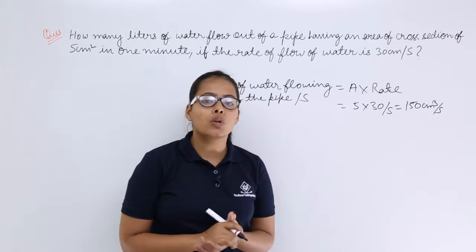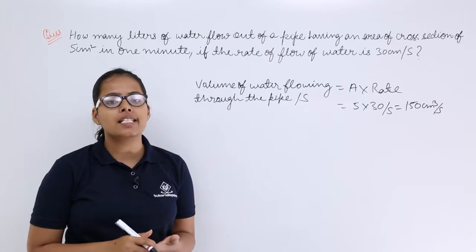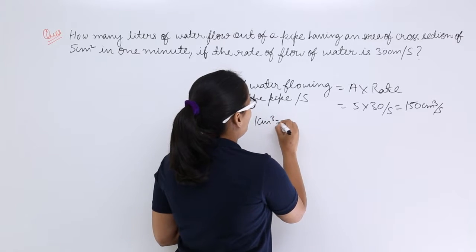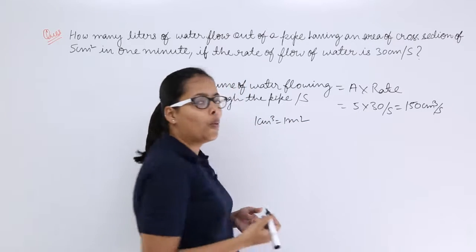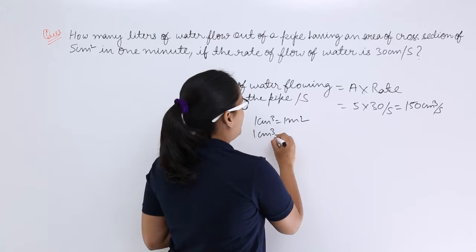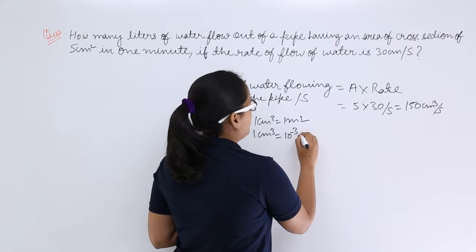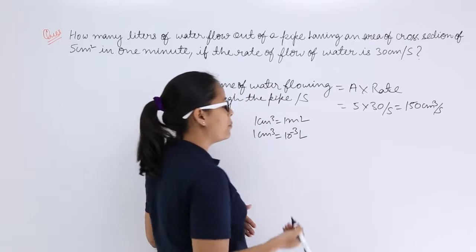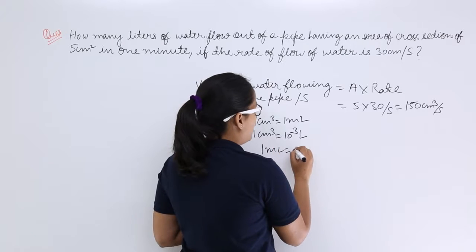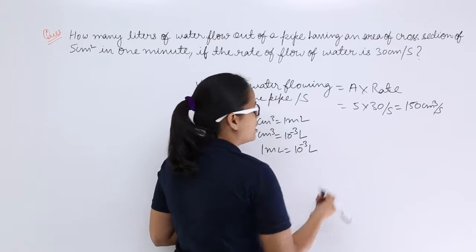Here you know that 1 centimeter cube is equal to 1 ml. So you can write that this will be equal to 10 to the power minus 3 liter. Why? Because 1 ml is equal to 10 to the power minus 3 liter.